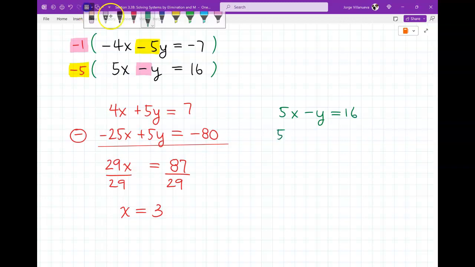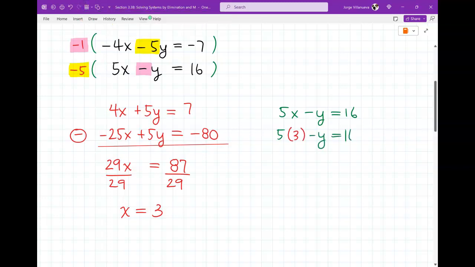So 5 times 3 minus y equals 16. All right? And now I'm just going to start solving for y. So 5 times 3 is 15 minus y equals 16. I'll subtract 15 on both sides.